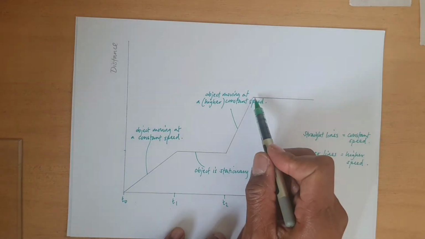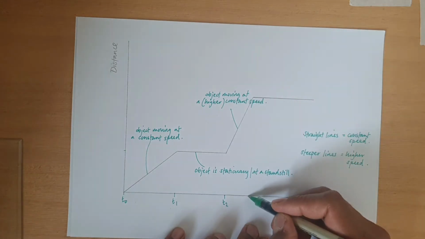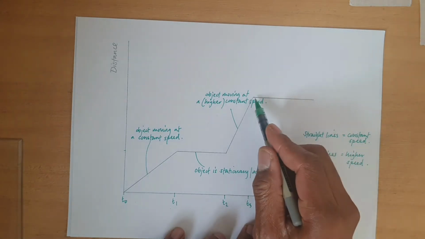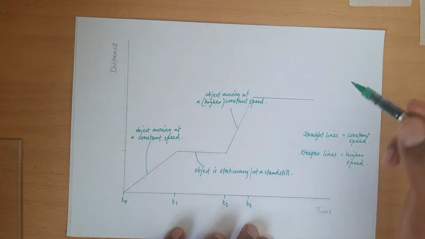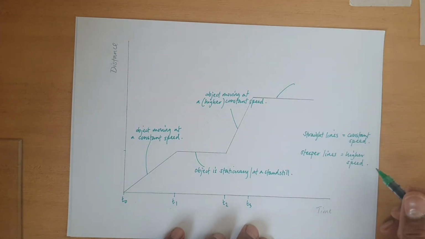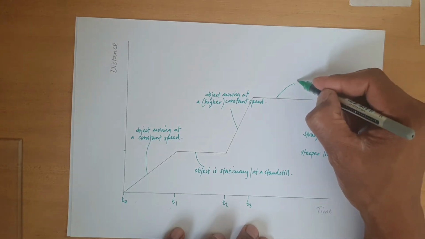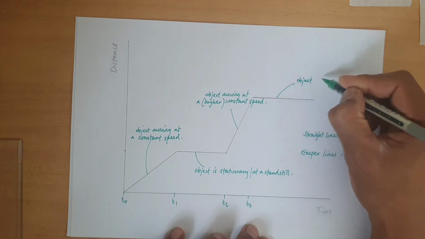And then the object, when it gets to here, and I'm going to call that T3, you've got a horizontal line again. So what do you think that means? Hopefully, what you said or thought was that this object is now stationary.